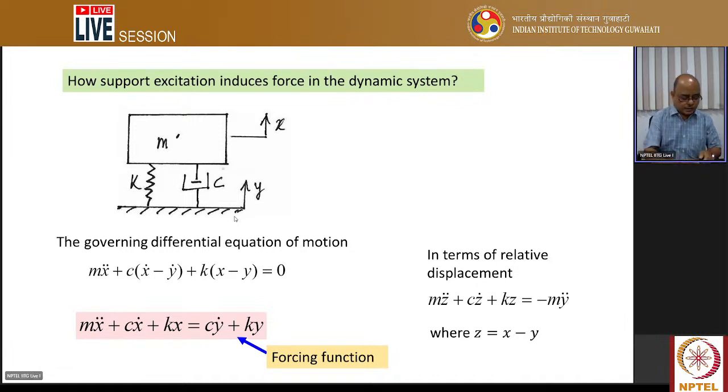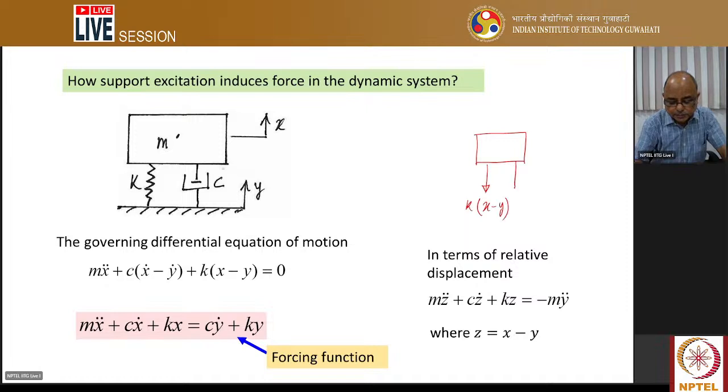If I draw the free body diagram of the mass, you can see that the mass is subjected to the spring force k into (x minus y), that is the relative displacement, and the viscous damping force, c into (x dot minus y dot). This is the mass m. So writing the equilibrium equation, we get the differential equation of motion.